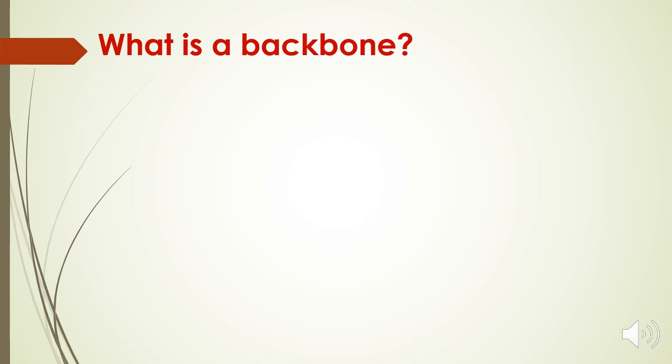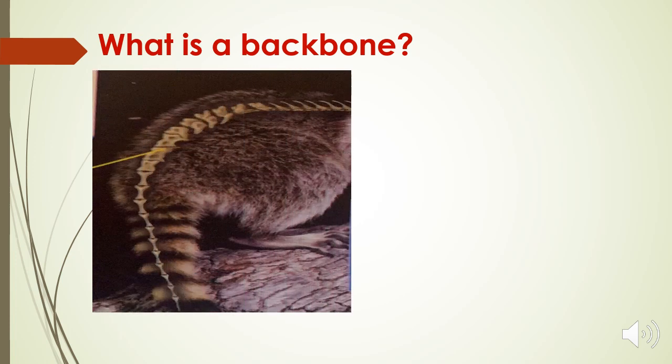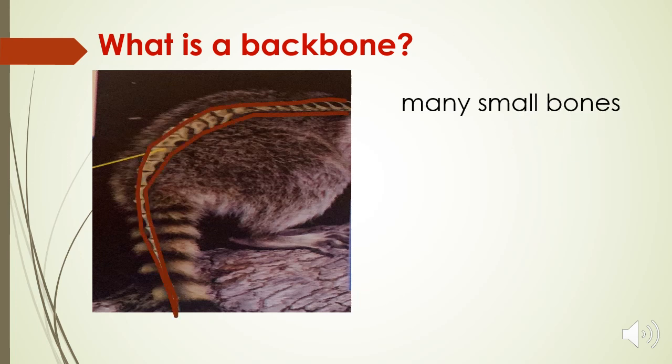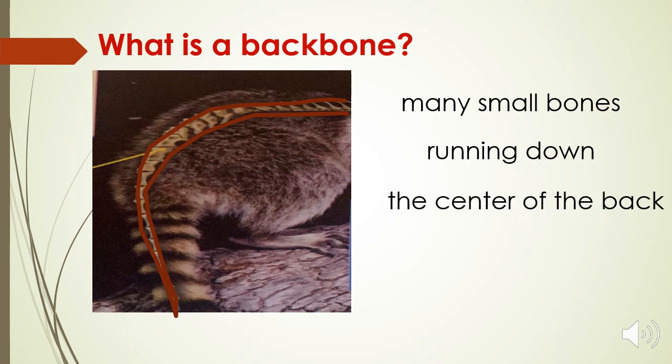But first, let's see what is a backbone. From its name, bones, they are bones. Many small bones. Where are these small bones? They are running down the center of the back. Again, running down from the top of the back until the end of the back, and with the animals it ends with the end of the tail.